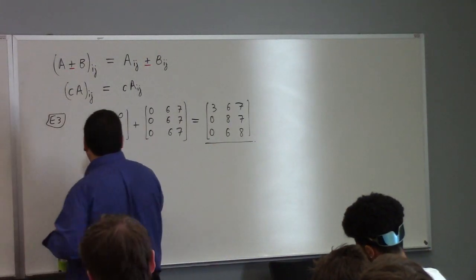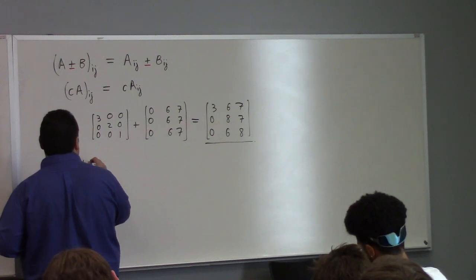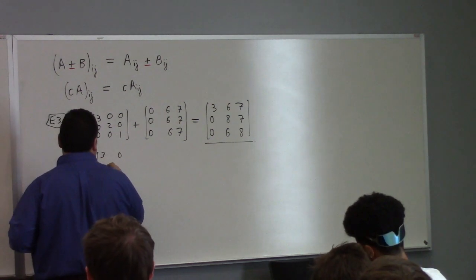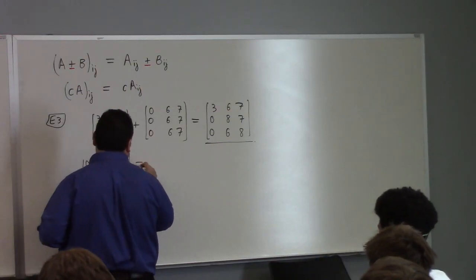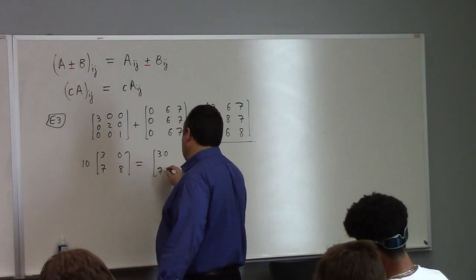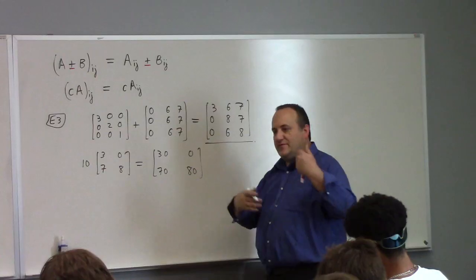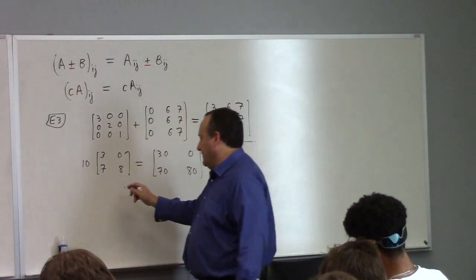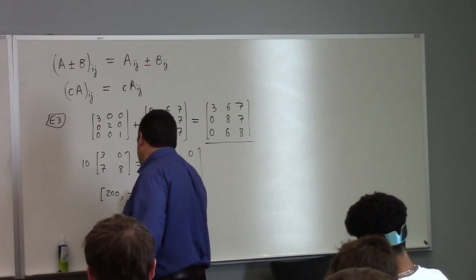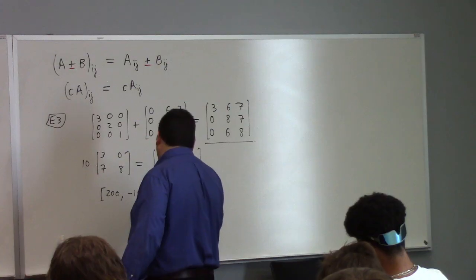Let's scalar multiply. What happens if I do 10 times 3, 0, 7, 8? What would that be? We get 30, 0, 70, 80. It's more interesting if we factor. What if I've got a row vector, 200, minus 1,000, 300?